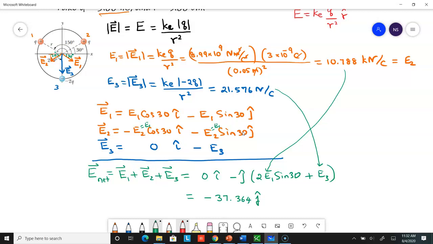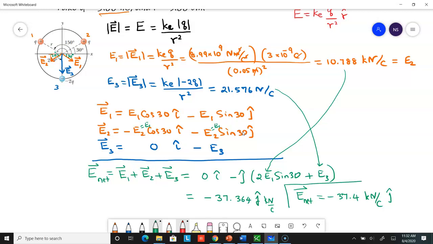See? Well, we have to round it to 3 significant figures. So if you want to express it as a vector, you could say E net is equal to negative, well, I have to be careful, the units were kilonewtons per coulomb. So that's negative 37.4 kilonewtons per coulomb j hat, right?